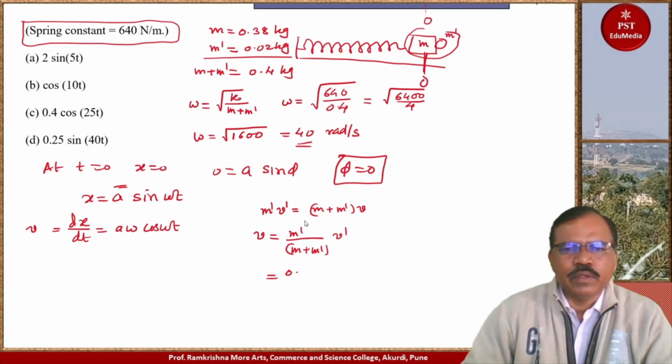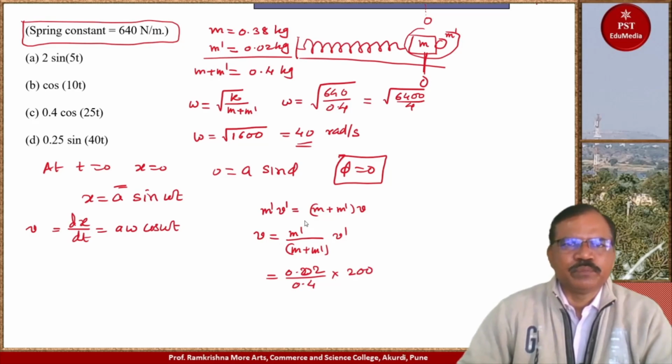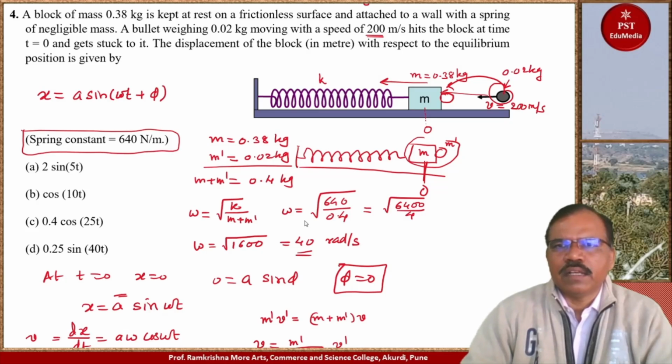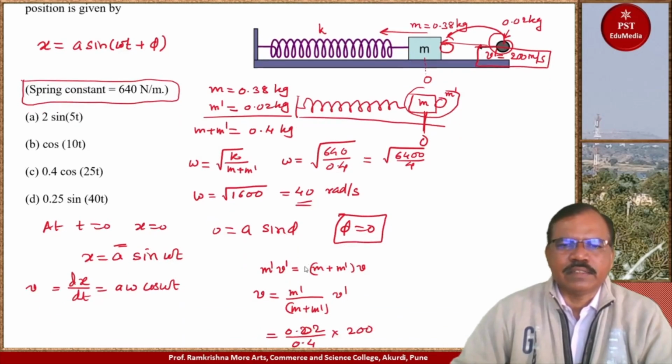Now m dash we know is 0.02 upon 0.4 into v dash, which is 200. Here we have taken v dash as 200 meter per second.